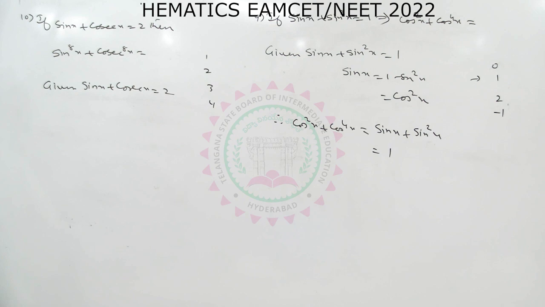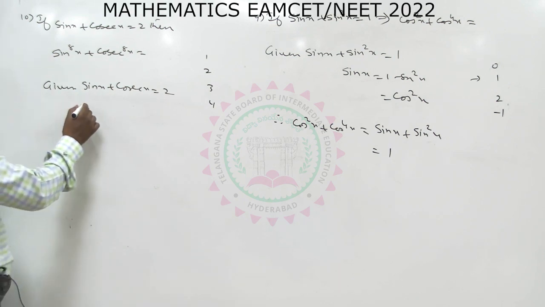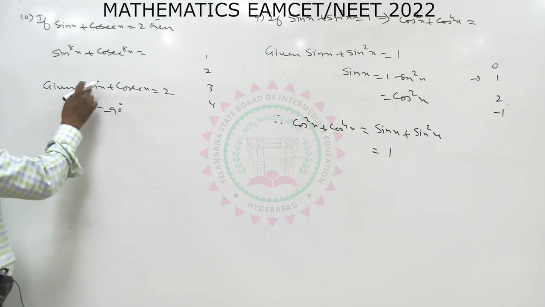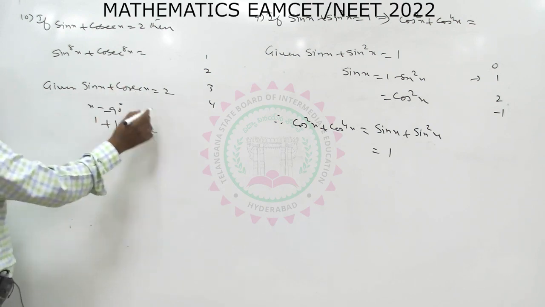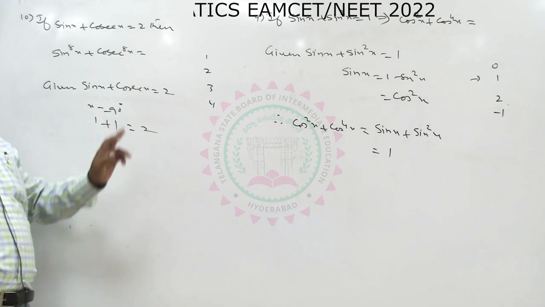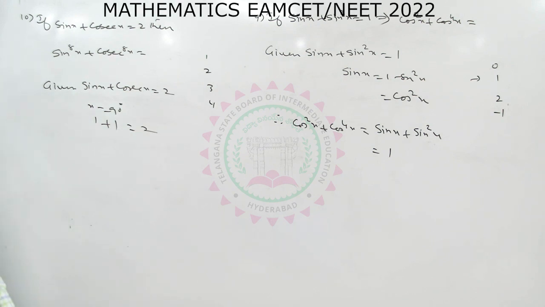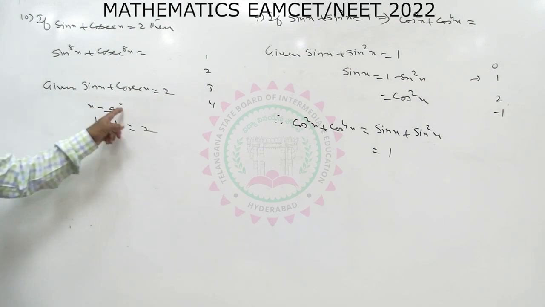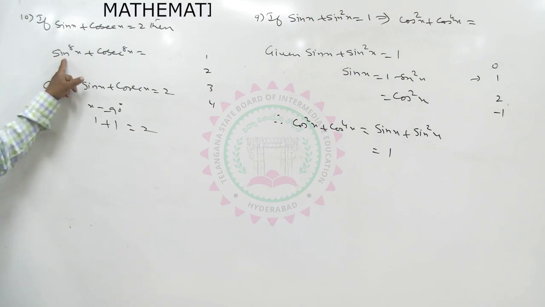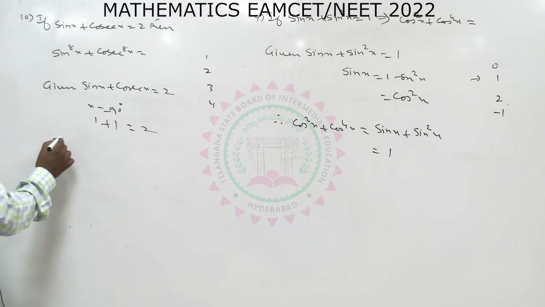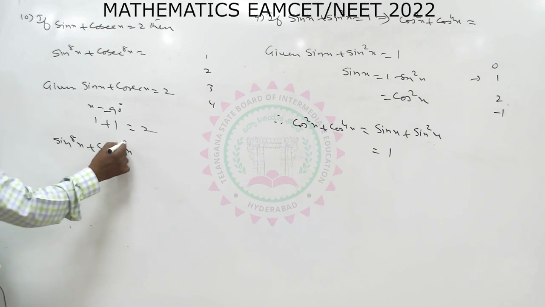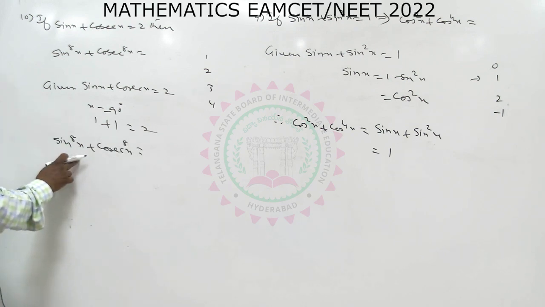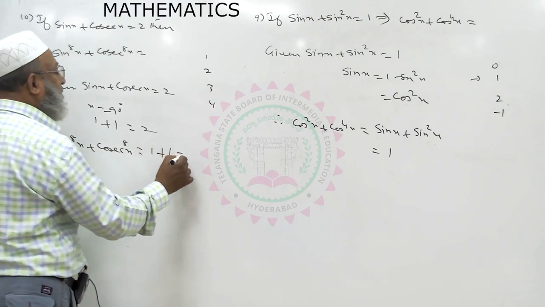So, if I substitute x is equal to 90 degree, what happened? Sin 90 is 1, cosec 90 is 1, 1 plus 1 is equal to 2, which satisfies the given equation. So, it means that I have to substitute x as 90 degree. Similarly, if I substitute here also, sin power of 8x plus cosec power of 8x, x is equal to 90 degree, I get the same answer, that is 1 plus 1 is equal to 2.